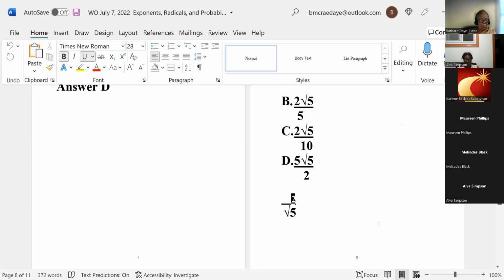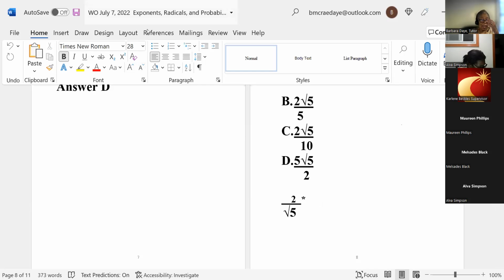So you remember I told you to rationalize the denominator, you multiply both the numerator and the denominator by this radical, right? So I'm putting a multiplication here. I'm using the asterisk for multiplication. That's number 6.